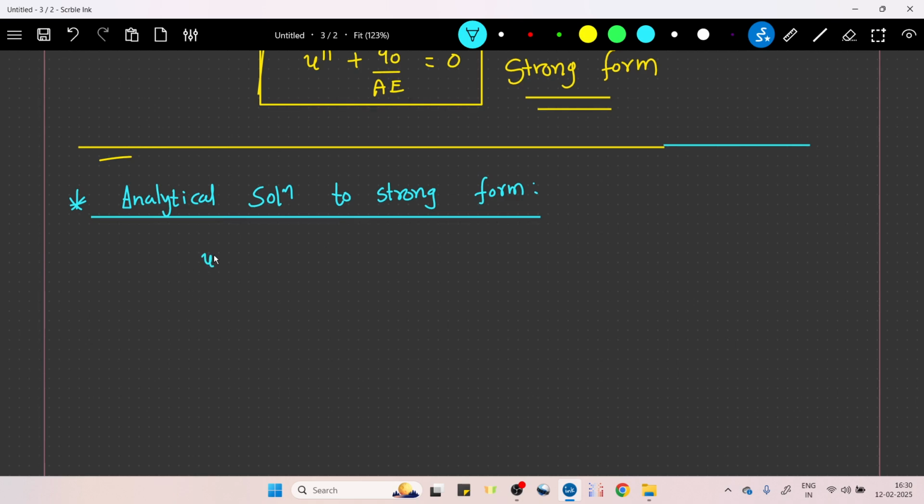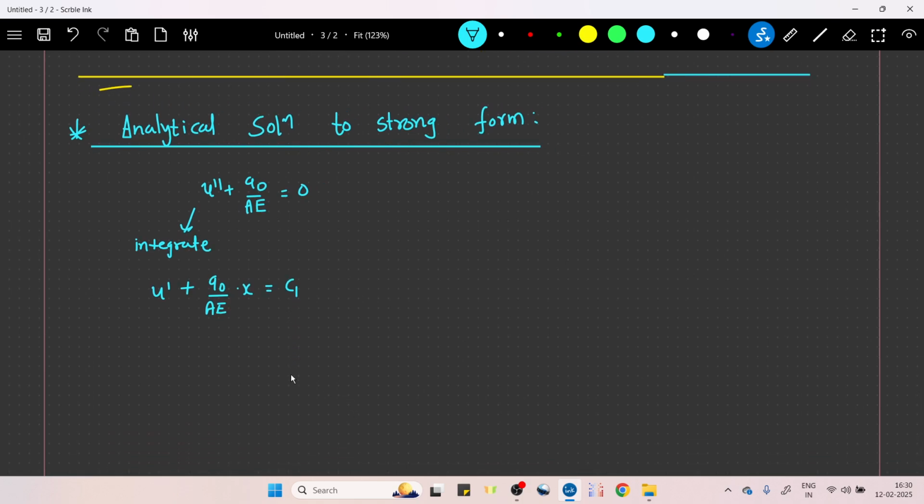So I'll say u'' plus q0 by AE is equal to 0. In order to get a solution u, I have to integrate this with respect to x. Integrating u'', I'll get u' plus q0 by AE times x is equal to c1.